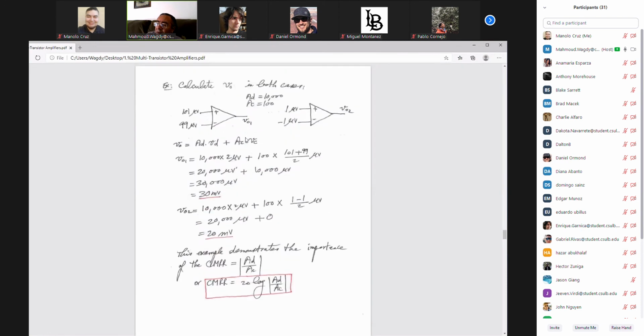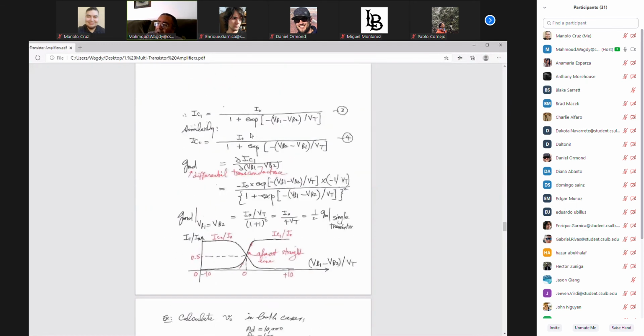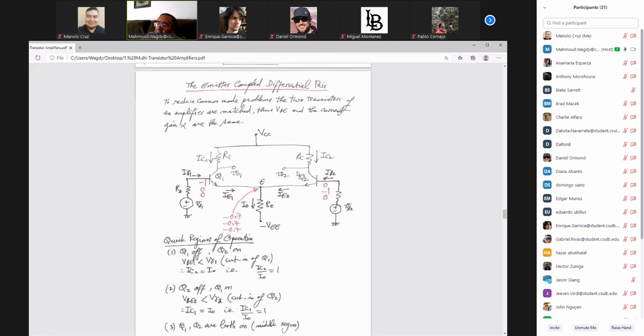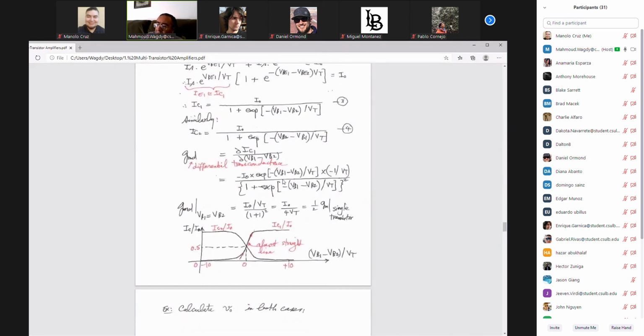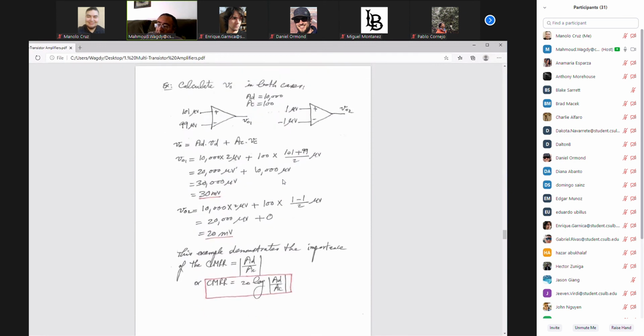This example will illustrate the fact that there is something called the differential gain and something called the common mode gain. That's a differential amplifier. The differential amplifier example here, we have a single output. By the way, that's slightly different from this one because we have a differential amplifier here, but with two outputs. You can take a single output and ignore the other, so you will end up with the same situation. The op amp is a differential amplifier, by the way.